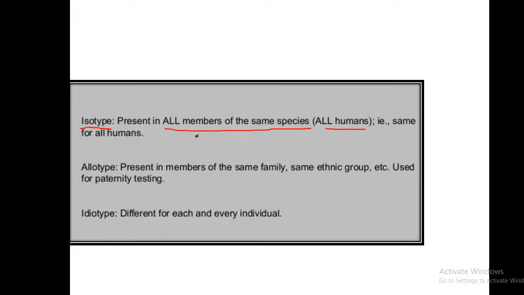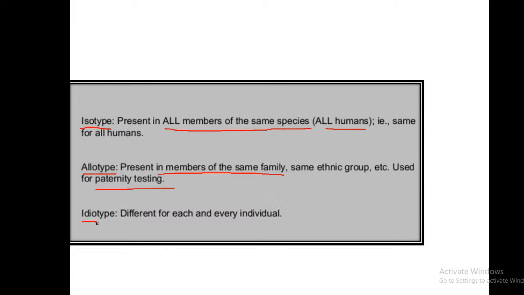Allotype means heavy chain; the antigenic determinants will be different in the heavy chain. This is used for paternity testing because it is present in members of the same family. If the heavy chain sequence of the father and the baby is the same, that is known as paternity testing.